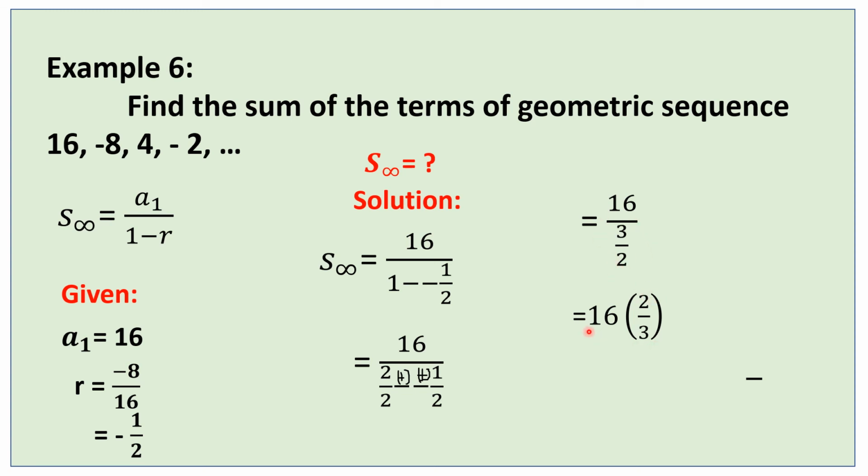So, we're going to have 16 times 2 is 32. Then, ang denominator ni 16 ay 1. So, 1 times 3 is 3. So, therefore, the sum of infinity is equal to 32 over 3. Or, kapag dinivide natin yung 32 by 3, that is equal to 10.6666. So, tuloy-tuloy yung 6 natin. Kaya po siya may vinculum sa taas.